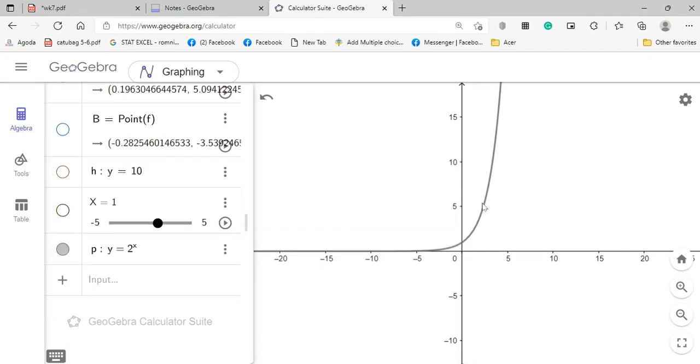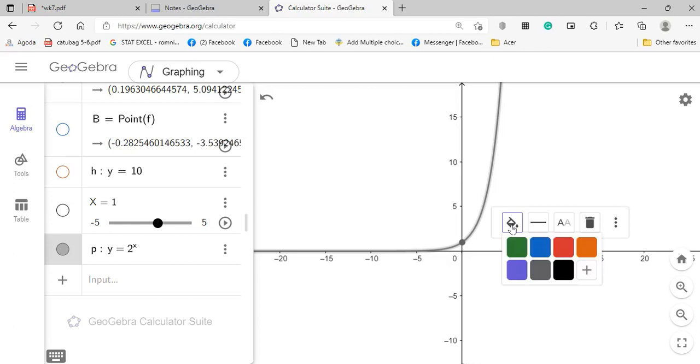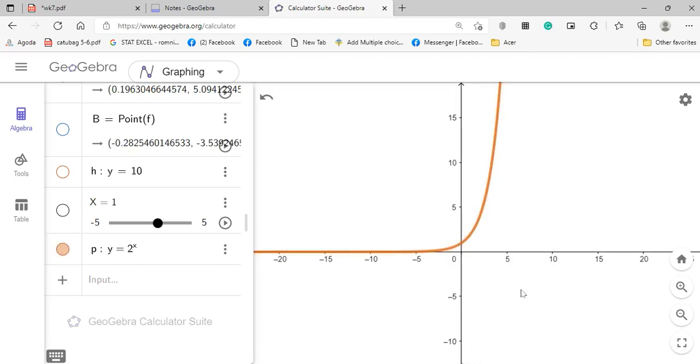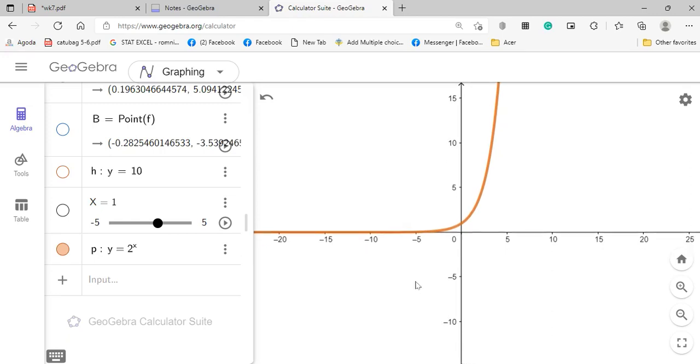Ayan siya, di ba? Di ba positive na nakikita nyo? The set of numbers. As x keeps on increasing, y keeps on increasing too. Okay? Pero ang x keeps on decreasing, what happens to y? Y keeps on approaching 0.